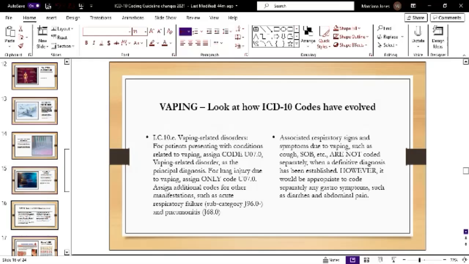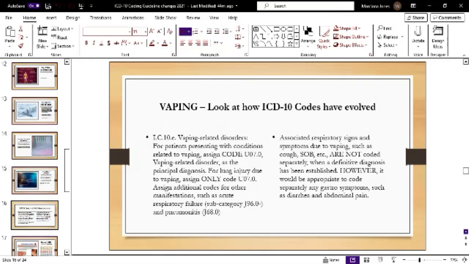So vaping-related disorders, that's what we're going to talk about here. New codes added. It's new. I just wanted to go back and double check to make sure it wasn't in the old books, and it wasn't. Vaping is new.